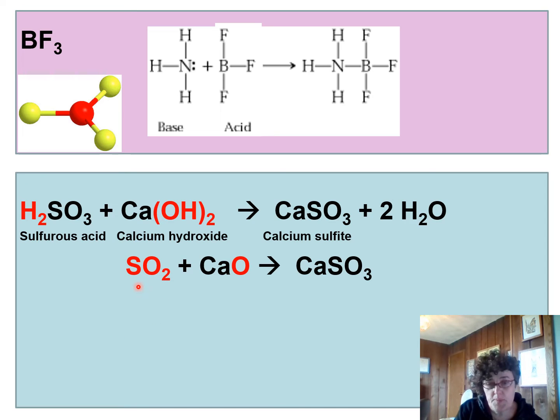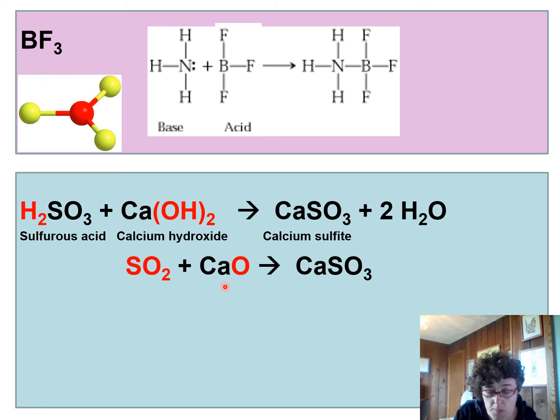Now you might remember from one of the first units that SO2 is a molecule in which you have a bond between 2 nonmetals, sulfur and oxygen. So this type of oxide, a non-metallic oxide, is covalent in nature. While this is an oxide between a metal and oxygen, so it's a metallic oxide, the bond between metal and non-metal is ionic.